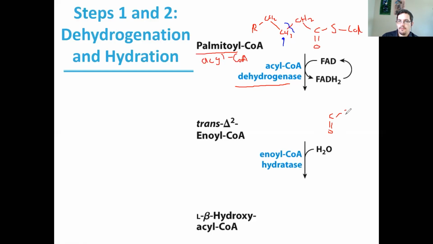We still have our coenzyme A at the end, but now we're going to add an alkene double bond. It's a trans bond there. It's trans delta 2 enoyl-CoA.